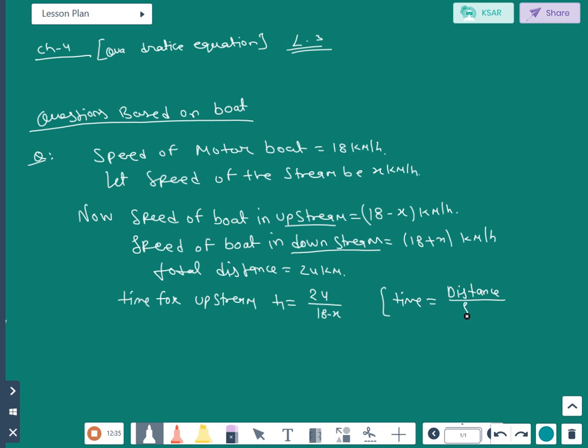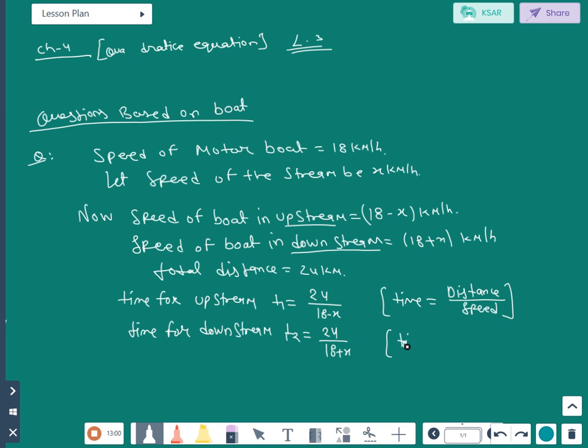Second, time for downstream T2 is equal to 24 upon 18 plus x.